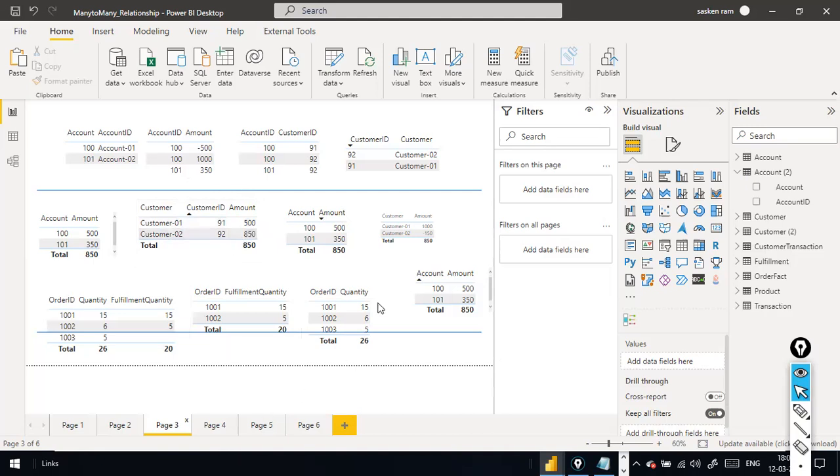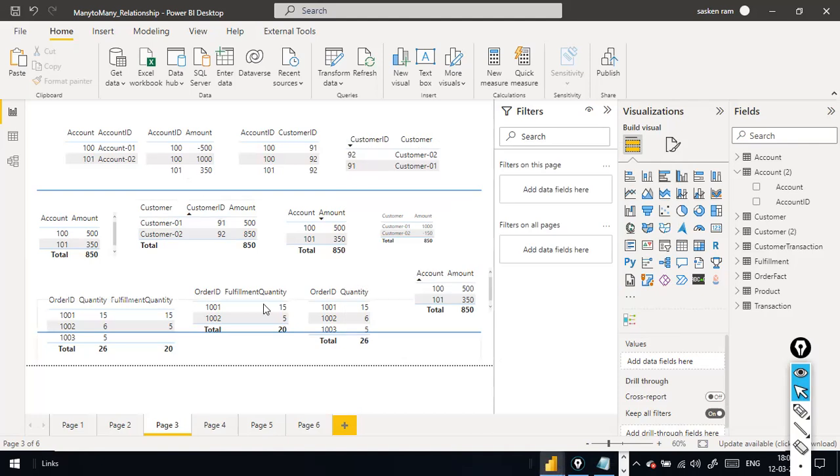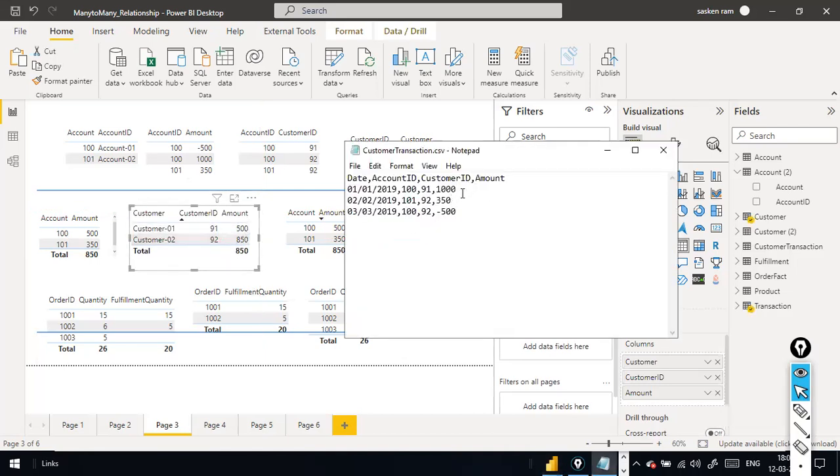Account number 101, how much balance you have? You will say 350, right? So 350. But in this case, what is happening here is 500 for account number 100. Account number 100, you have balance 500, but this guy is having a joint account as well as an individual account. 350 plus 500, 850 it gives.